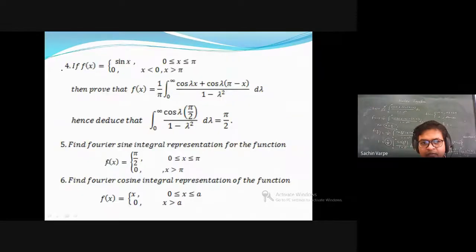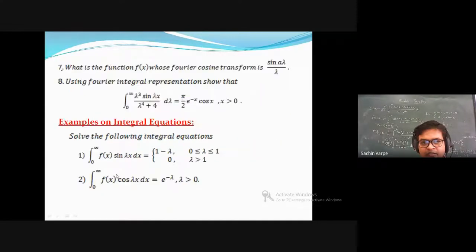Then question number 5, 6, 7, 8. Do one thing, just solve these questions which I have given for homework and upload them on Google Classroom. Okay, I'll count your performance and then I'll give the marks also, remember.